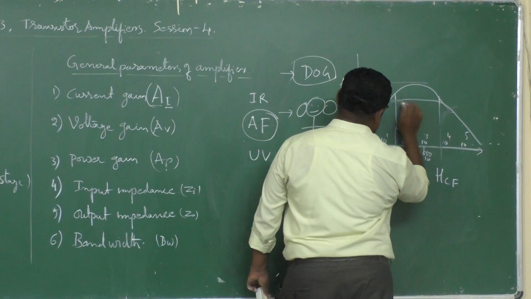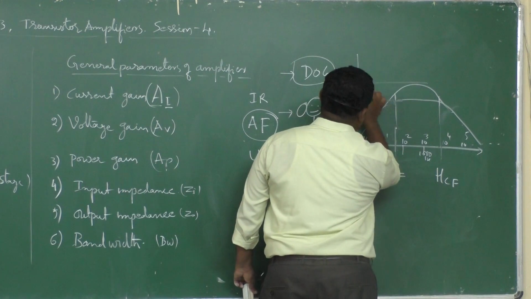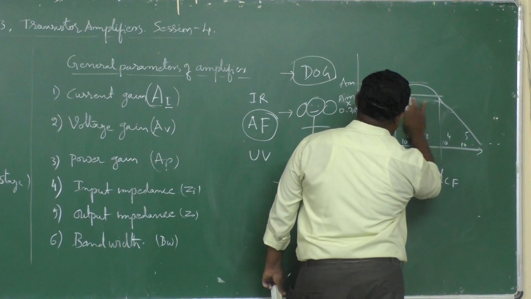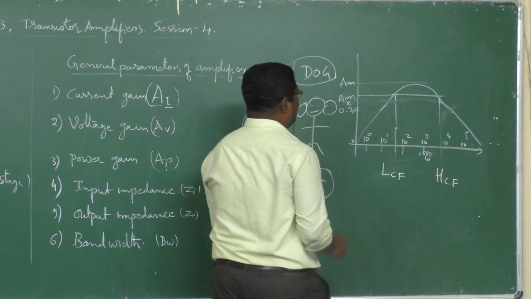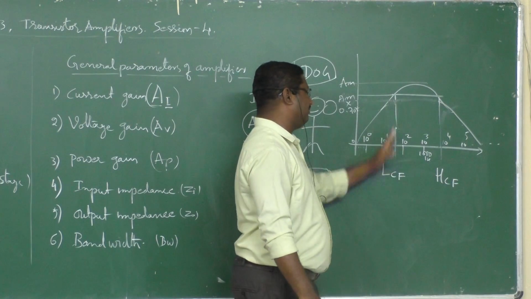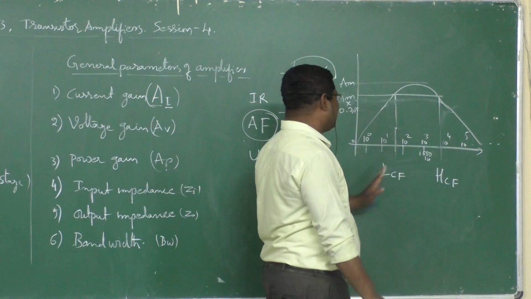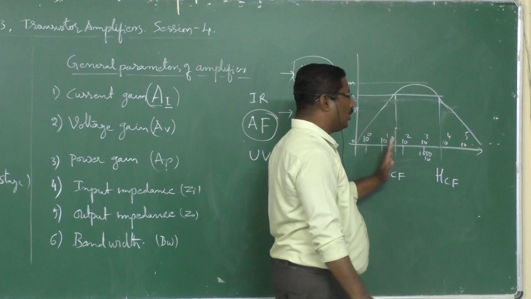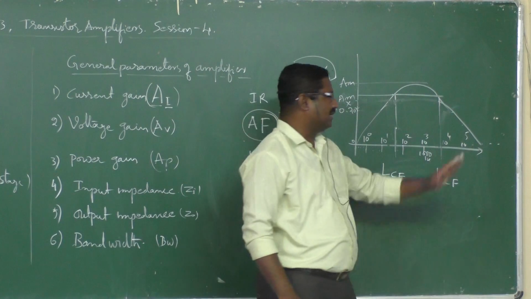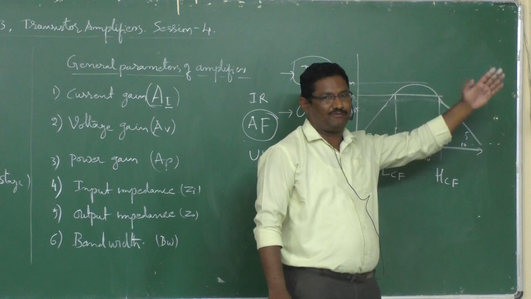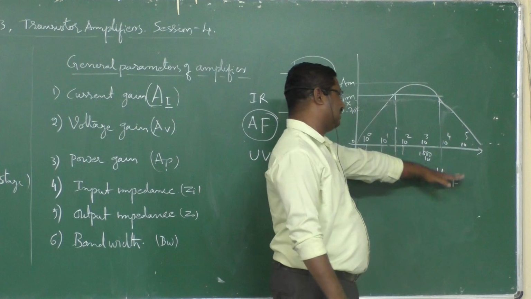Okay, so this is known as the lower cutoff frequency. Below this I can't respond, and this one is the higher cutoff frequency. Above that I can't listen, I can't respond.